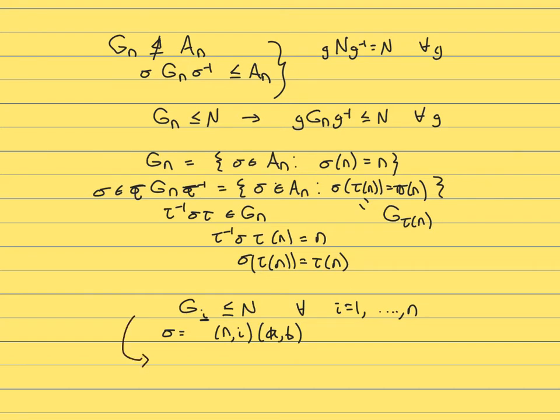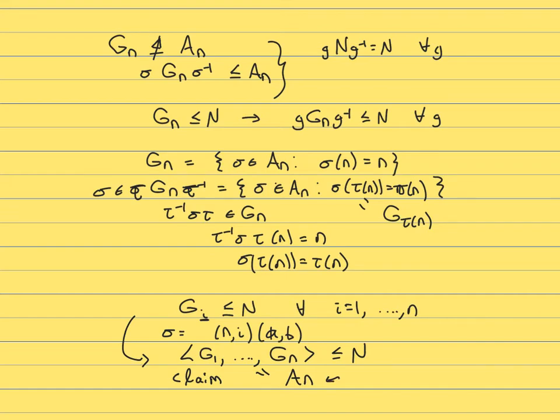Which means that the largest subgroup containing all of them must be a subgroup of our normal subgroup. And so then the result follows from pointing out that that's actually just all of An. So that's all we really need to show in order to finish this claim.